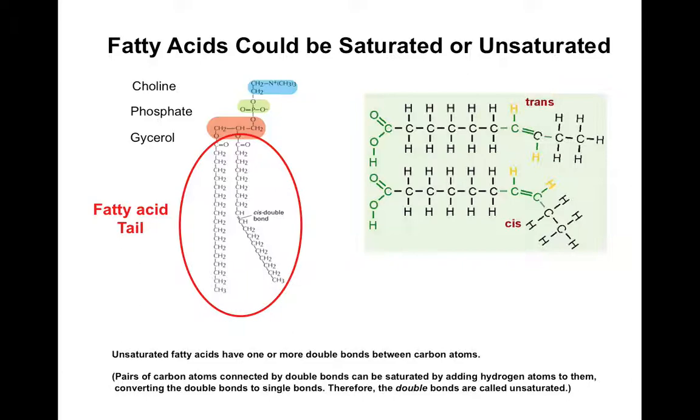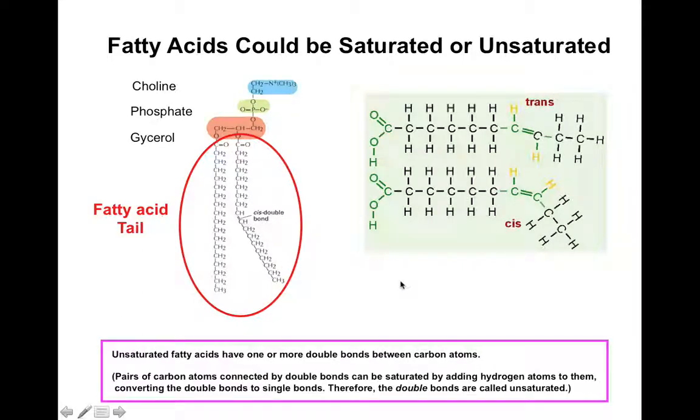So saturated fatty acids contain two long tails with no kink in the middle. However, unsaturated fatty acids contain a double bond. Therefore, there is a kink in the middle of the chain.